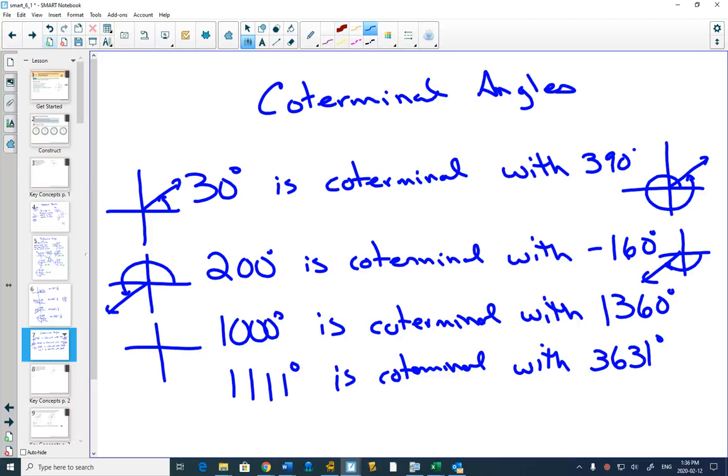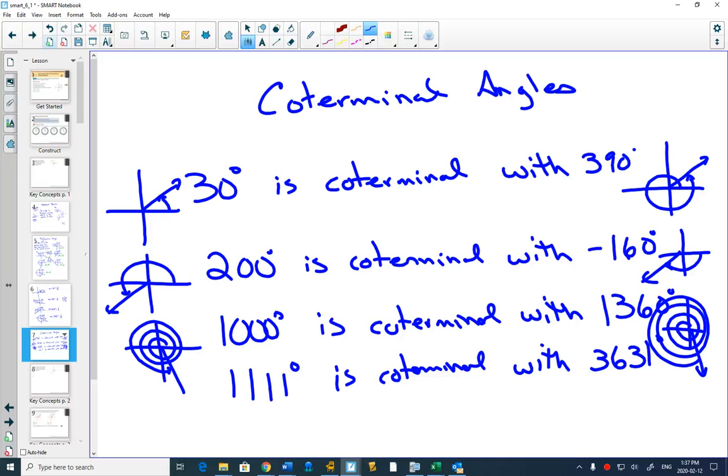You ready? 720. Maybe? Is it kind of hypnotic there? You like math. Right? Here we go. There's 1,000. And then 1,360 would look like that, I think.